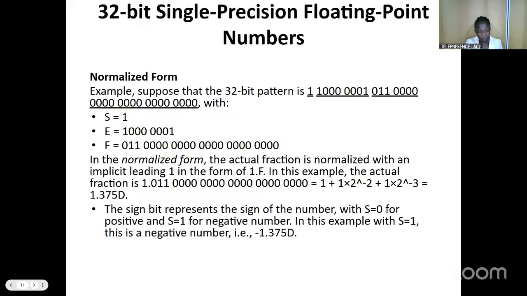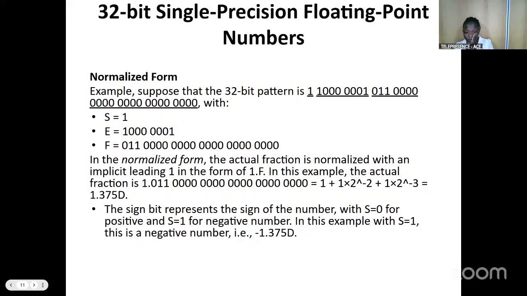And for the normalized form, for example, supposing we have a 32-bit number given in the range of 1100 and the likes. They are in binary, that is, base 2, a combination of zeros and ones. You can see that the first bit is underlined as the sign bit.